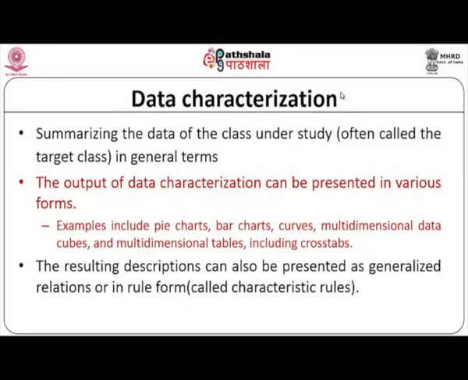The resulting description will be presented in a very generalized way. Sometimes it may even be presented in the form of a rule, also known as characteristic rules. So, we are trying to describe data in the form of rules.